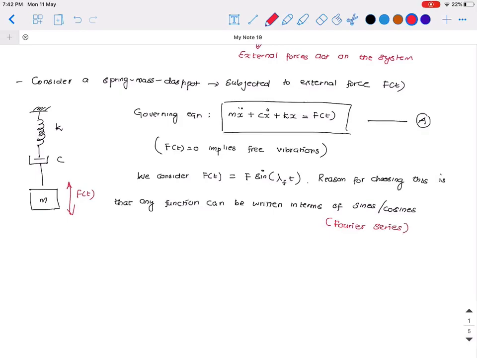I don't know if Fourier series has already been taught to you. Maybe it's there in the next semester. Using Fourier series, we can write any general function as a combination of sines and cosines.